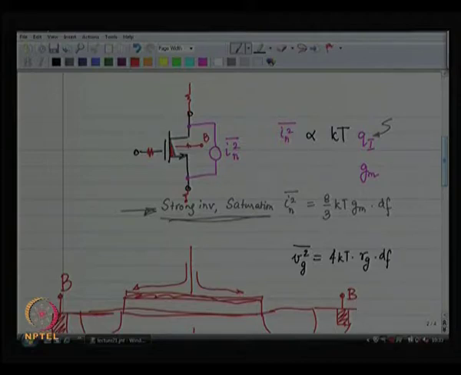Now, when you are treating all of these like resistors, do not forget the parasitic capacitances that you have, because a lot of this noise is going to get filtered out by the parasitic capacitors. So, there is a CGD, do not forget about it. There is a CGS, do not forget about it.